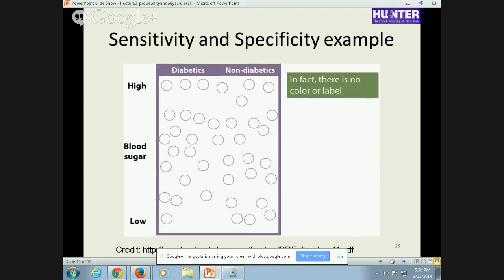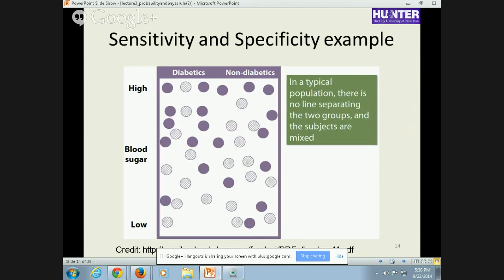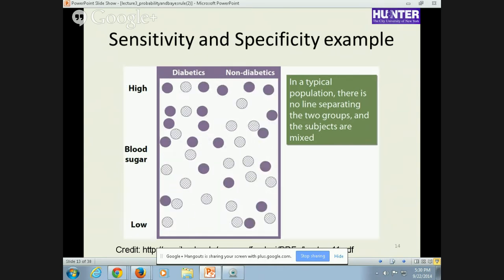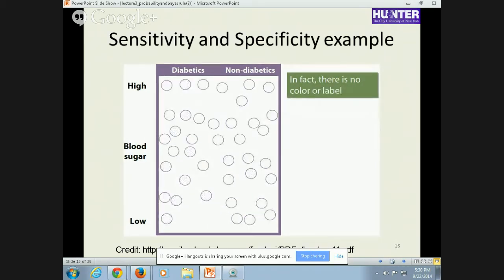We had the diabetics and non-diabetics shaded, but without knowing who they are, we have to get rid of the label. This is what we actually see when we observe a real sample from the population.